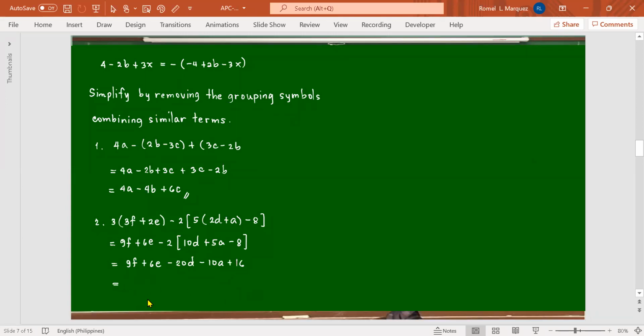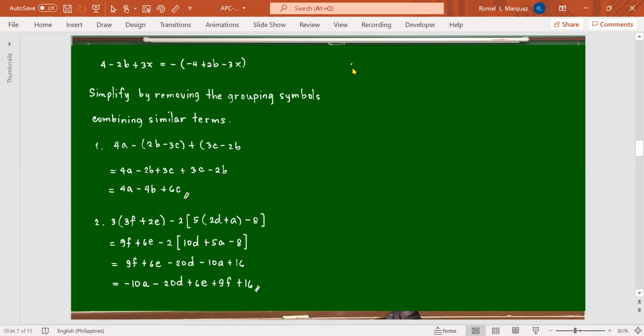Arrange lang natin in alphabetical order, ha? Negative 10a, then minus 20d plus 6e plus 9f plus 16. Am I correct, children? Guys? Yes, sir. Yes po. Okay, very good.